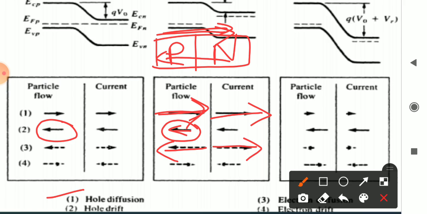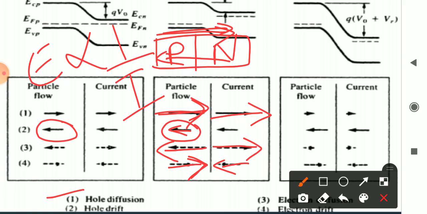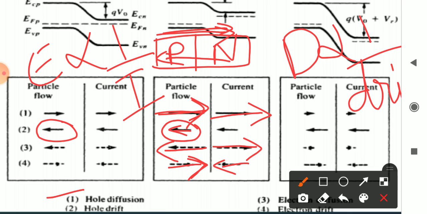The last one is electron drift. Drift current and diffusion current are opposite to each other, that's why it is in the opposite direction. So electron drift means the current will be exactly opposite to this one. Electron flow is opposite to current direction, and the diffusion current is exactly opposite to the drift current.